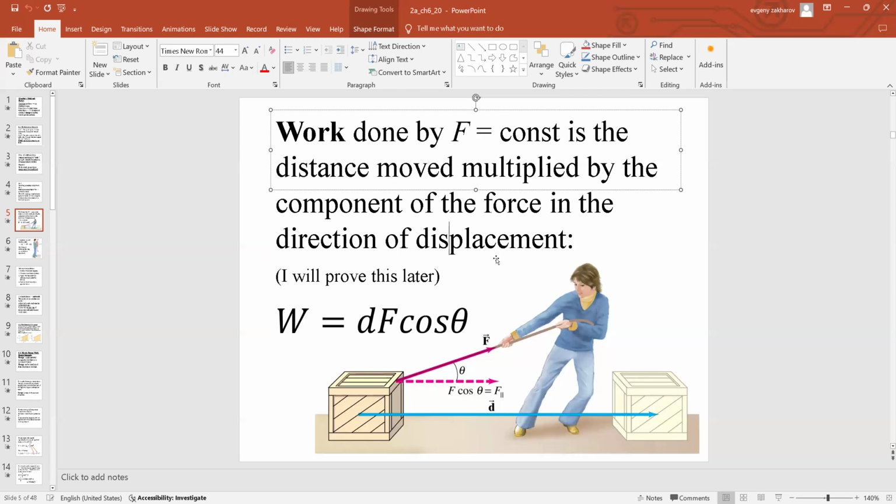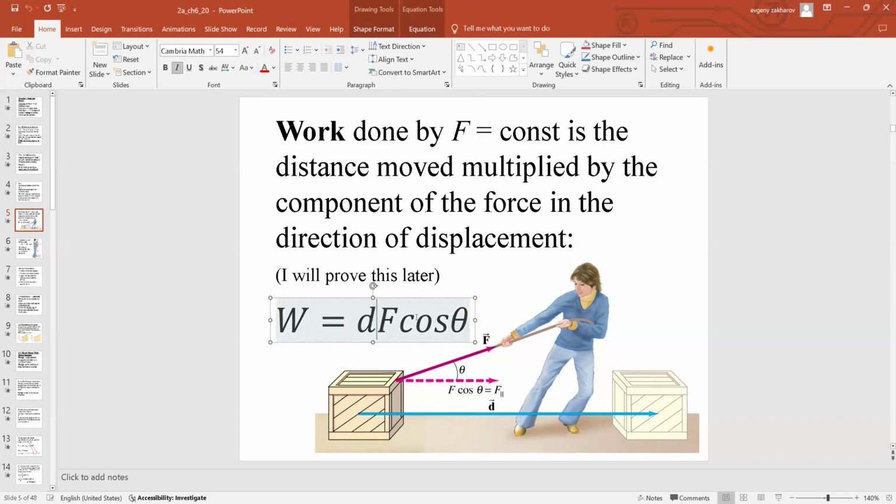If force is not constant, then it's going to be a calculus approach, and you would still do the same, but you would split the force into many different pieces and still do the D dot F. Dot means the dot product. So vector times a vector times the cosine of the angle. Fun fact, it's not a vector anymore, it's just a scalar. And be careful, it can be positive or negative. Is it the work that you do on the system, or is it the system that does work on the environment, right?